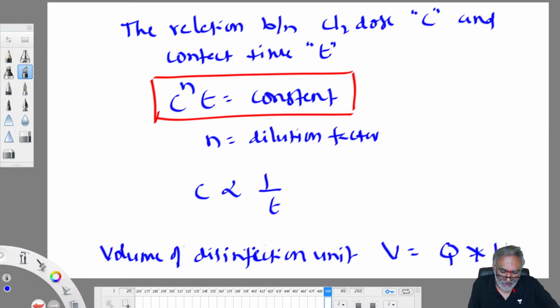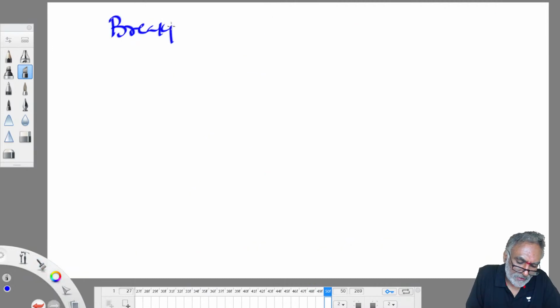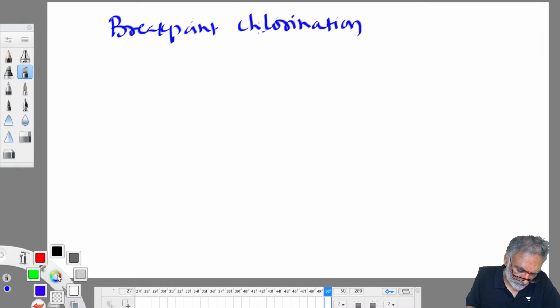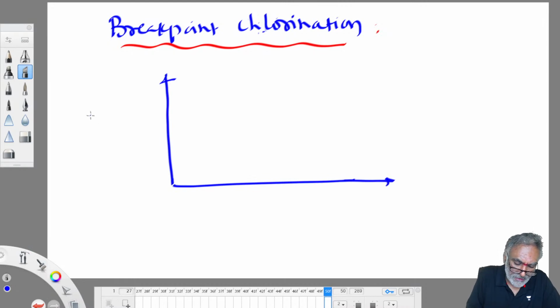In addition to that, breakpoint chlorination. Questions are asked in the GATE exam using breakpoint chlorination. Breakpoint chlorination is a test conducted taking chlorine residual on the y-axis and chlorine dose on the x-axis.